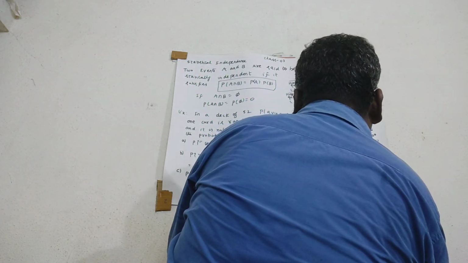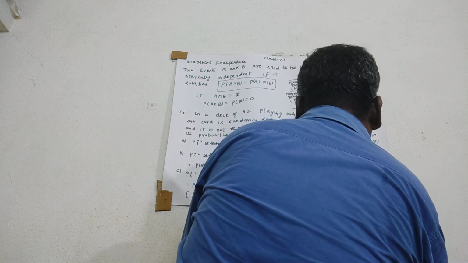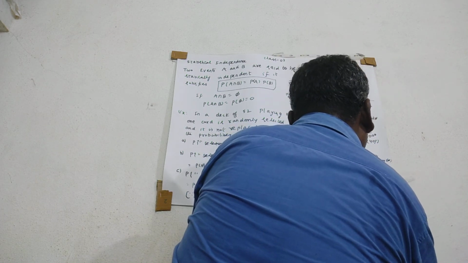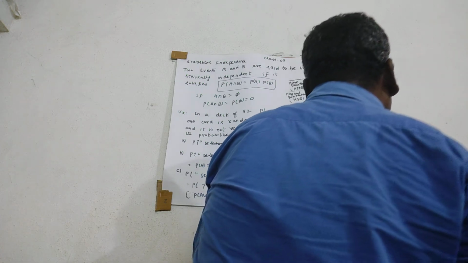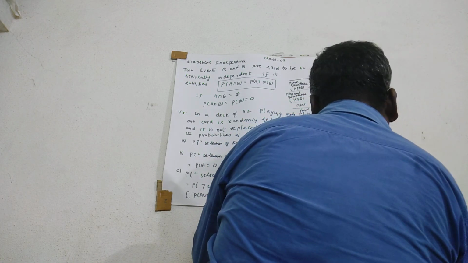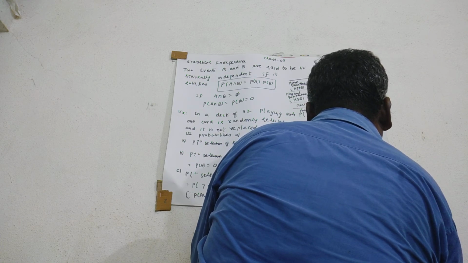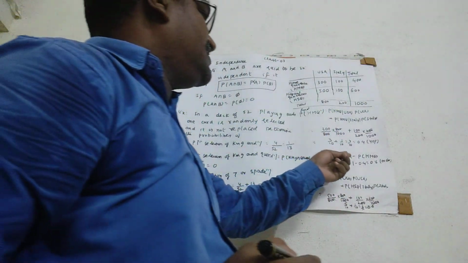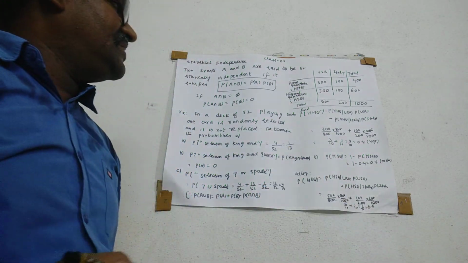What is left over here? 500 by 1000. Hence, how much is the value? 5 by 10 plus 1 by 10. Hence it is 6 by 10, equal to 0.6.